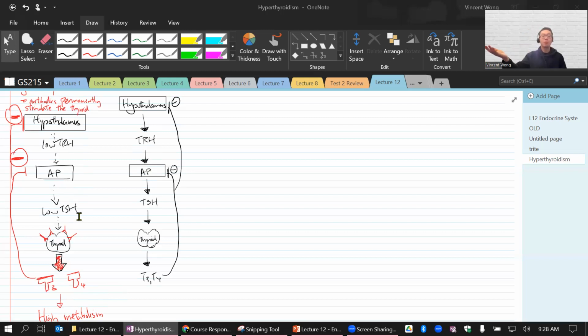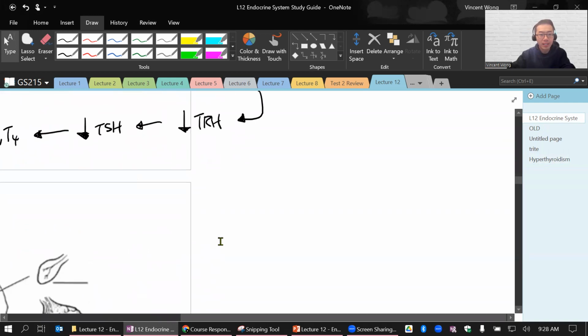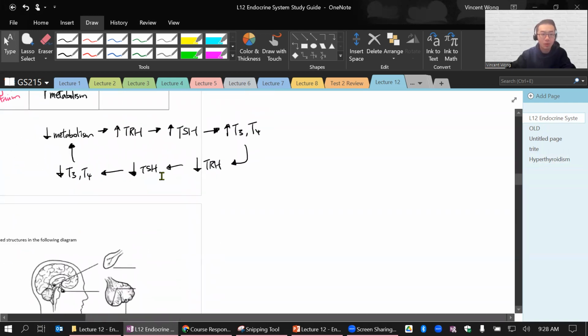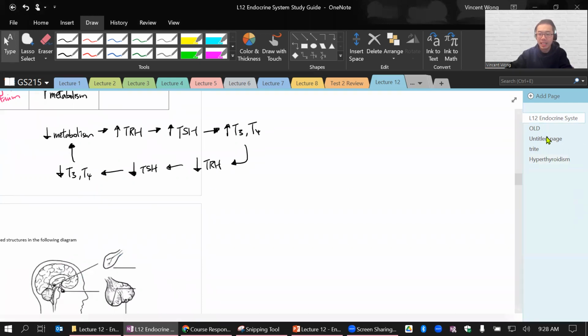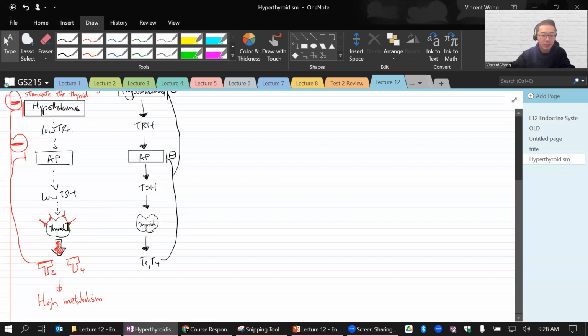That shouldn't happen normally. If you have low TRH and low TSH, logically you should have low T3, T4, right? Look at the map we drew before, right? See, low TRH means low TSH, which means you should also have low T3, T4, right? But in this case now, because the stimulation is coming from those antibodies, right?